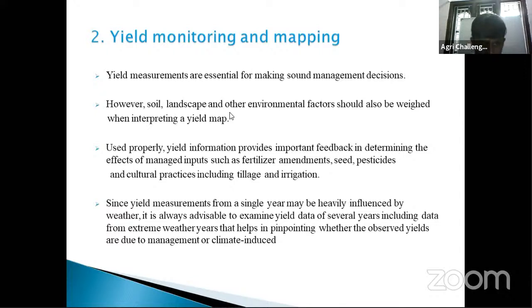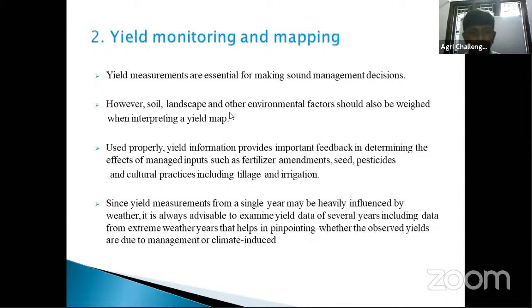Yield data from a single year may be heavily influenced by some climatological aspects, so yield variability may be there. But it is always advisable to examine yield data for several years, not a single year. A single year will give us a wrong interpretation, because this is a multifactorial aspect, and some factors may be dominant in that particular year.